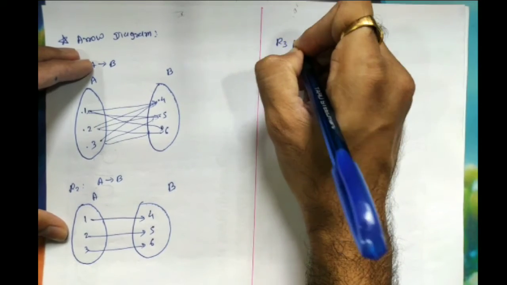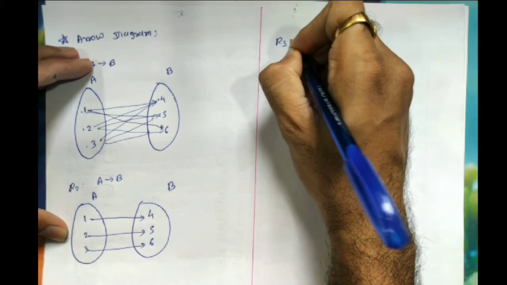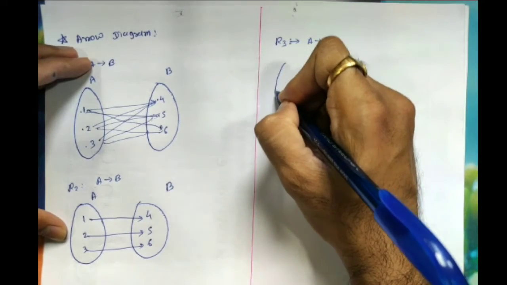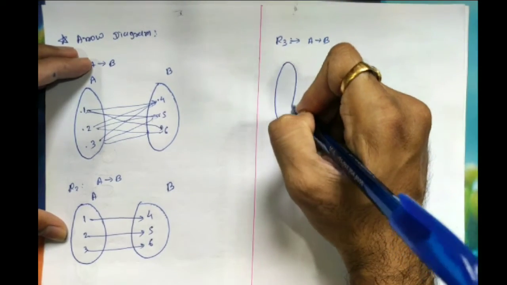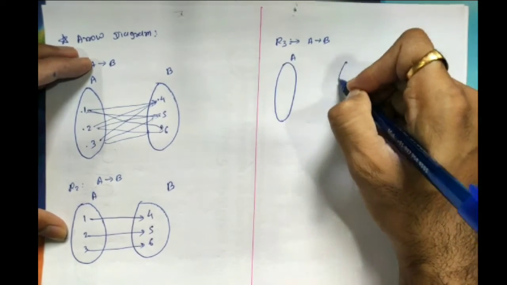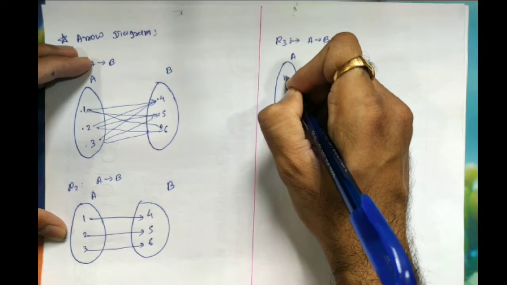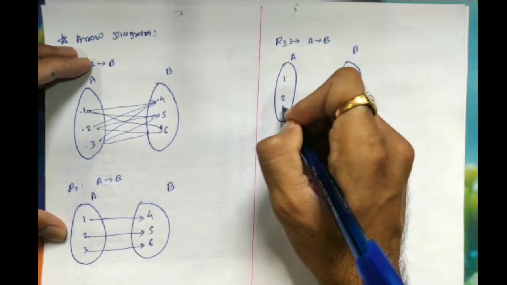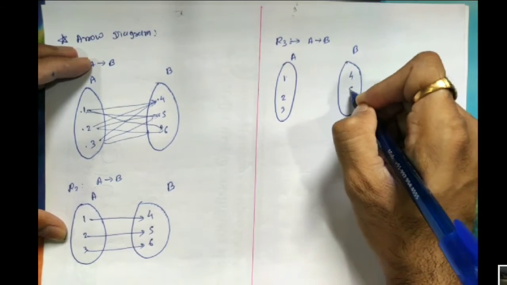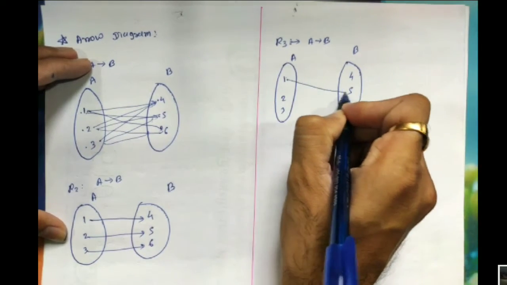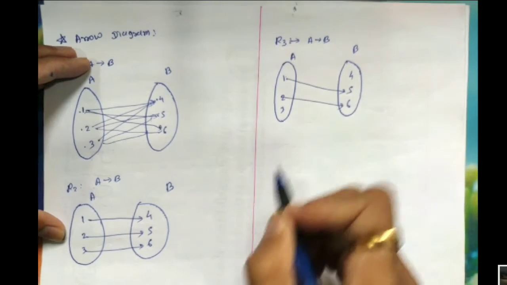Similarly, we can draw the arrow diagram for relation R3, from set A to set B. This is set A and this is set B, with elements 1, 2, 3 and 4, 5, 6. The elements are (1,5) and (2,6), so join 1 with 5 and 2 with 6.